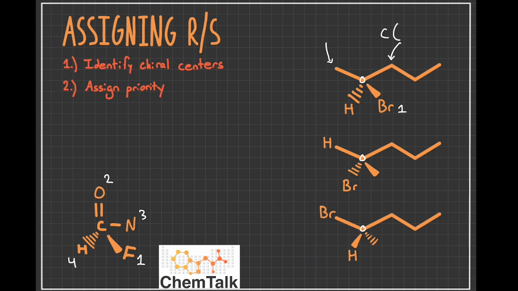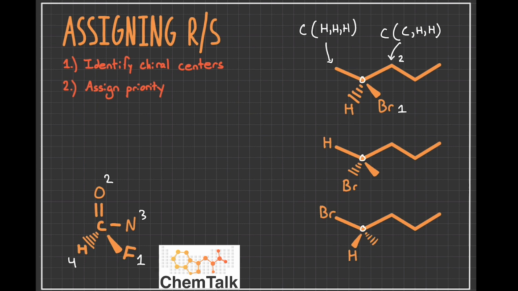Across all of these, the bromine will be the highest priority, priority 1, because it has the highest atomic number. The second highest atomic number substituent is carbon, but we have 2 of those. So, what we'll do is look at what those carbons are bonded to. This carbon here in the propyl group is bonded to, besides our chiral center, a carbon here and 2 implied hydrogens.